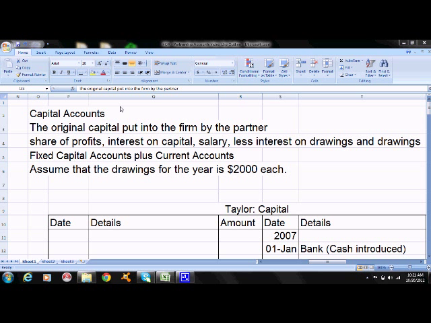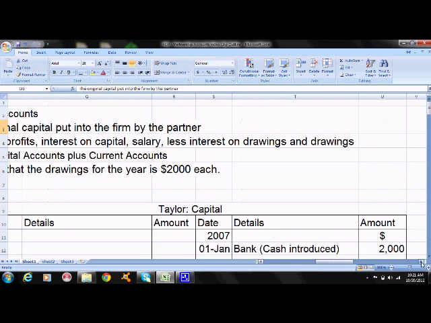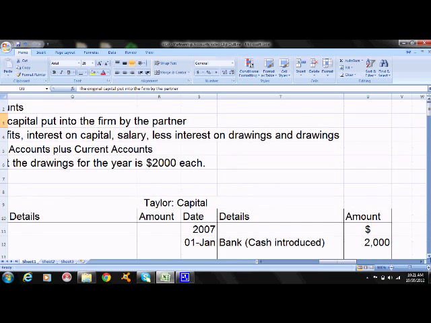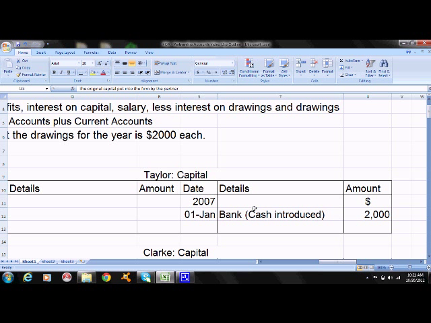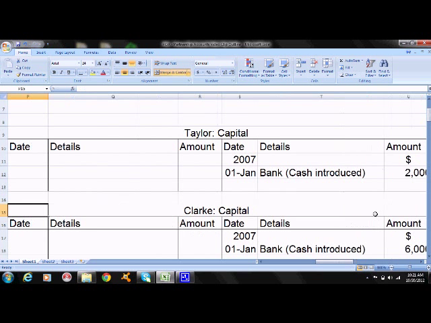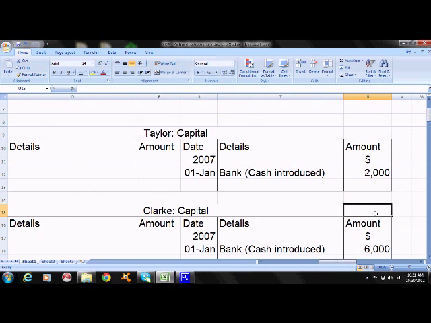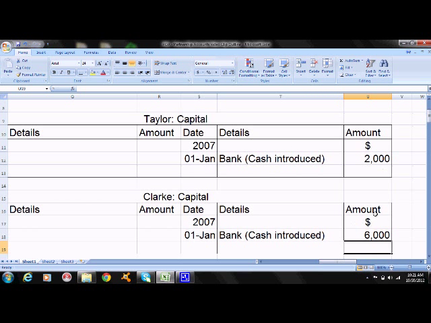First thing we look at, notice now that the capital account for Taylor is $2,000 because we're looking at the fixed capital accounts. So here we have $2,000 under the fixed capital accounts. Next we have Clark's capital account, and it is fixed also.